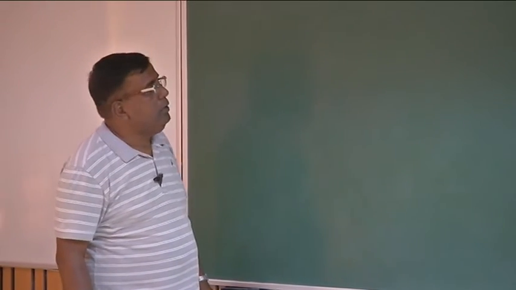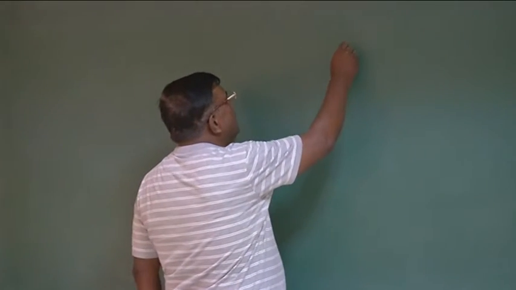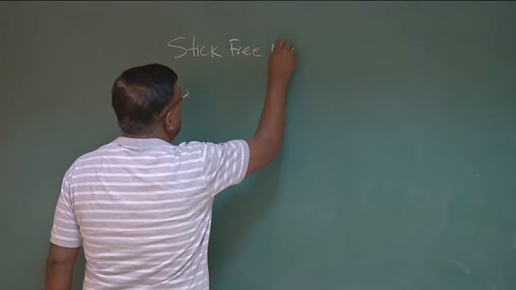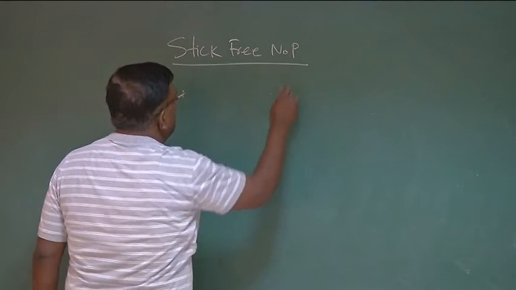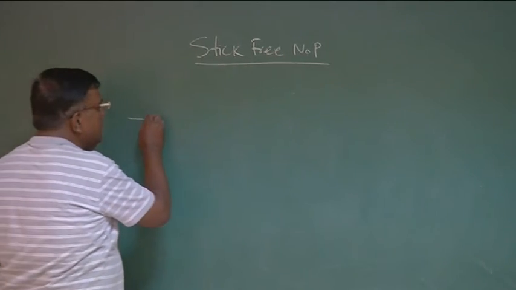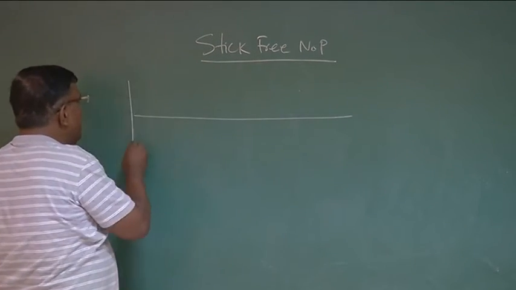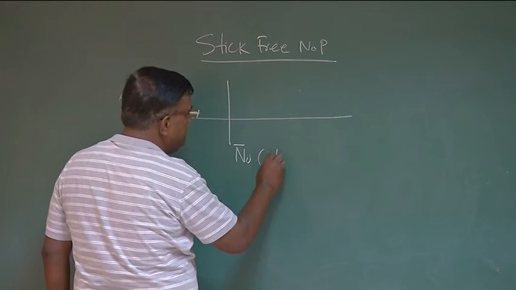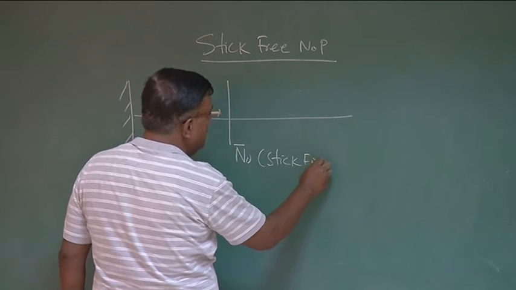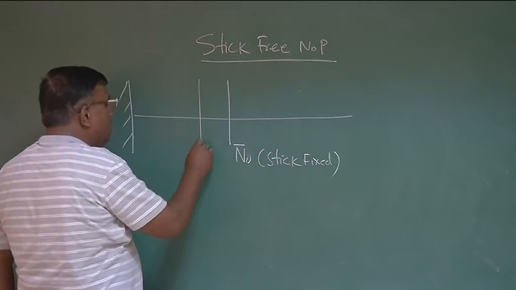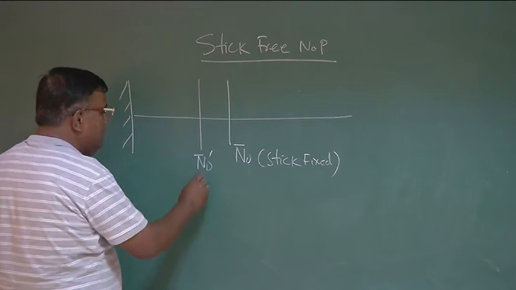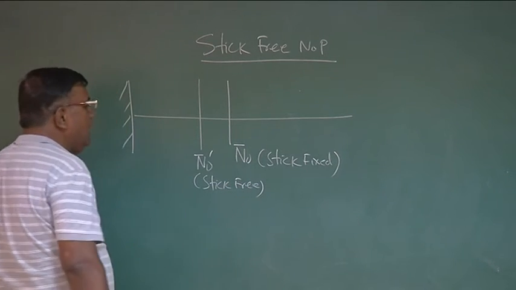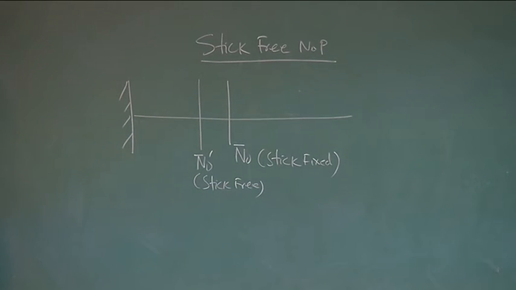Okay, this is very important as far as flying qualities of an airplane is concerned, right? And when we are talking about stick-free neutral point, we realize that if this is the reference line, I'm measuring from here, if this is N0 bar stick fixed, then N0 bar prime stick free will be ahead of a stick fixed neutral point, right?